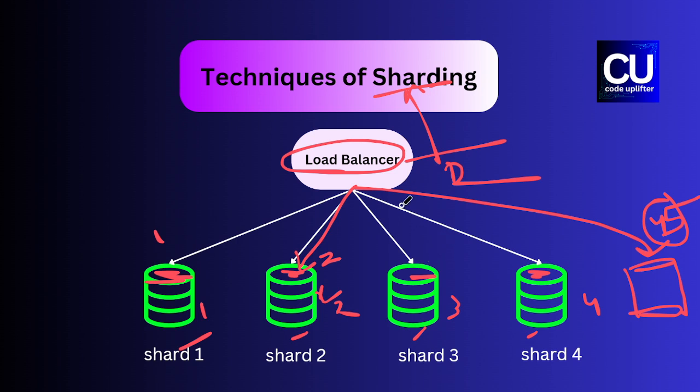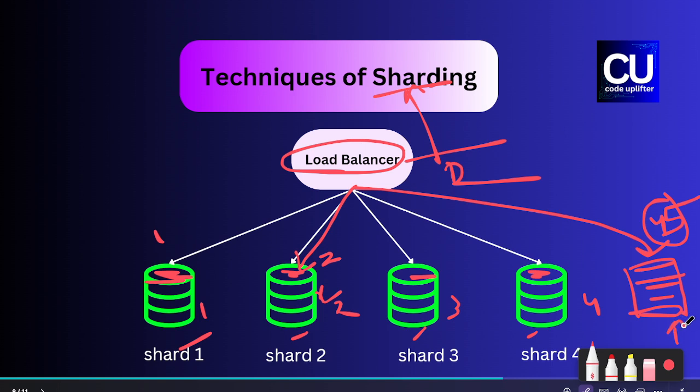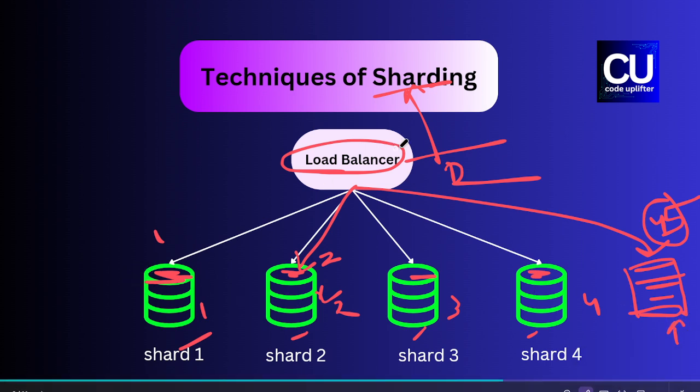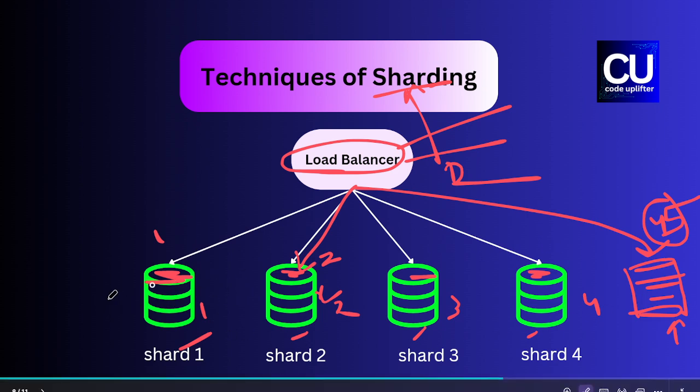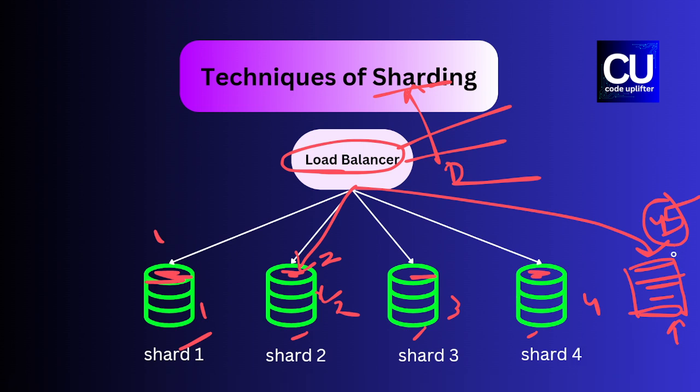So the problem is that if you add the fifth shard, you need to change the hashing function, as well as reshuffle all this data between all the shards, which is a very complex and very expensive operation, and that you never want to do in production systems.